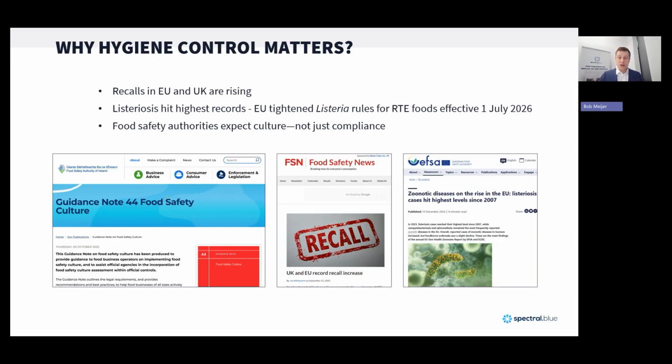One example I would like to highlight here is the food safety culture guidance note by the Food Safety Authority of Ireland, that states that management commitment shall include encouraging continual improvement of the food safety management system of the business where appropriate, considering developments in science, technology, and best practices.